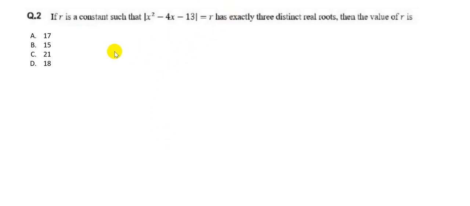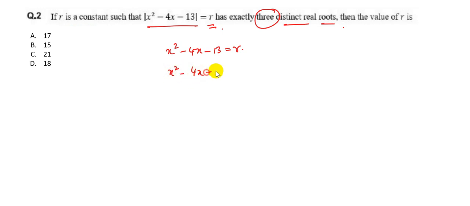This one says, if R is a constant such that modulus of x square minus 4x minus 13 is equal to R has exactly 3 distinct real roots. So which means that there are 2 equations that will be formed, which are x square minus 4x minus 13 equals R, and x square minus 4x minus 13 equals minus R. Now which means that one of these 2 equations will have 2 equal roots.